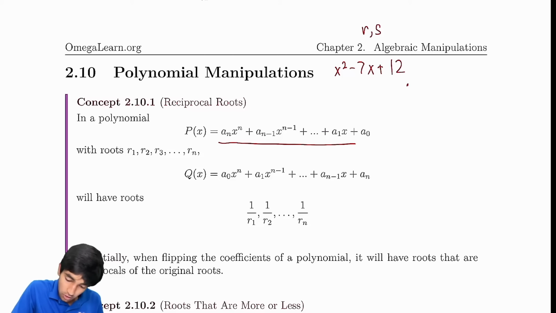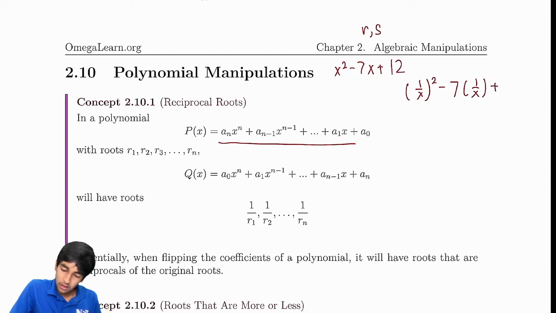So now consider this new polynomial, which is not really a polynomial actually, but we can make it a polynomial. Take a look. If R and S are roots of the original quadratic, then for this new one, 1 over x equals R, so x is 1 over R. So 1 over R is going to be a root of this.